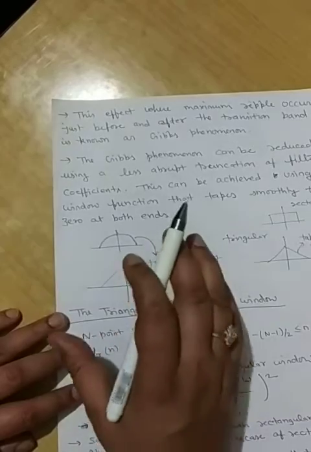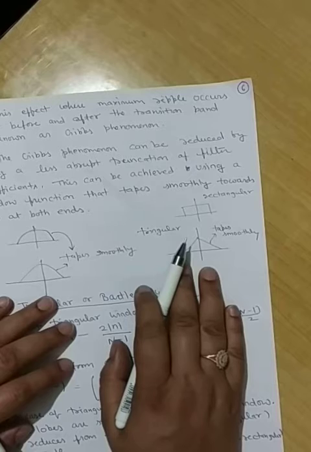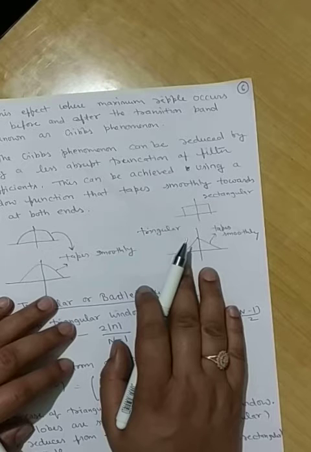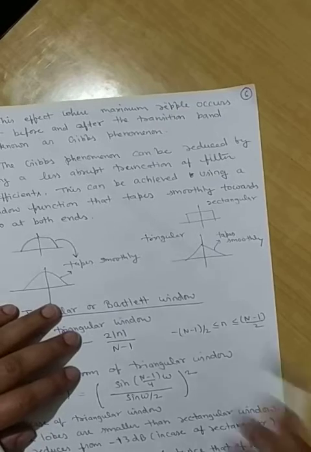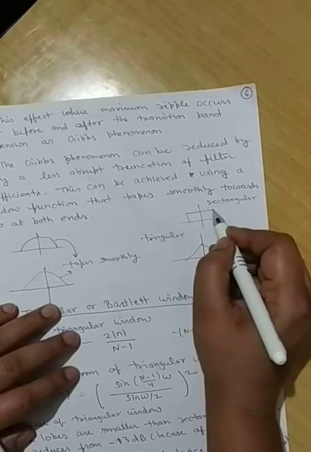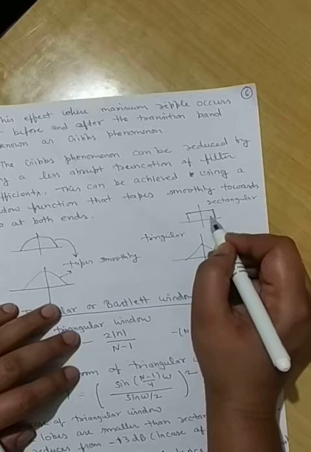Now, if you want to reduce the effect of the ripple in the actual response, what should you do? You may make certain changes in the shape of the window. Means in the case of rectangular window, what is happening? You are truncating the samples abruptly.